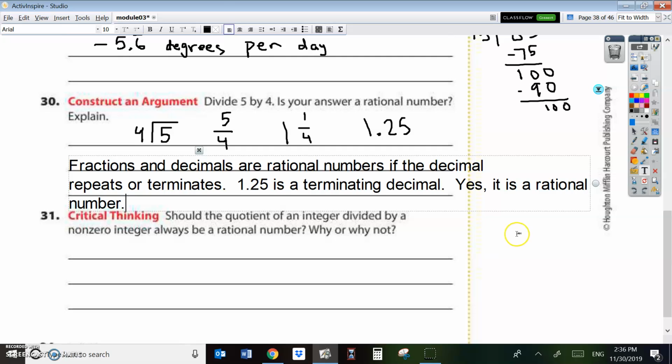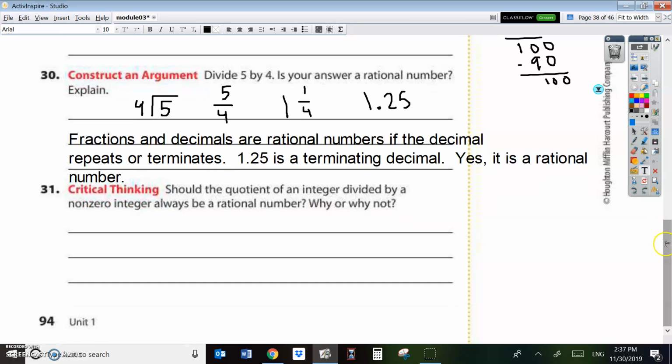Should the quotient of an integer divided by a non-zero integer always be a rational number? Yes.